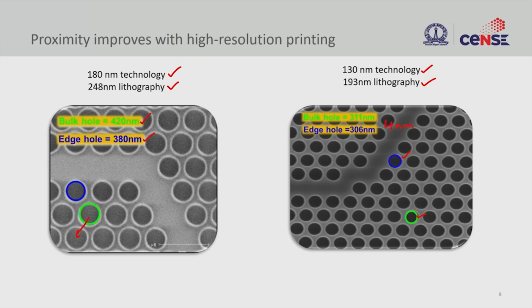In this case it is about 40 nanometer. So, look at the reduction in the non-uniformity you get. This is the reason why going to higher resolution, or reducing the wavelength, will help you in tackling this proximity problem.